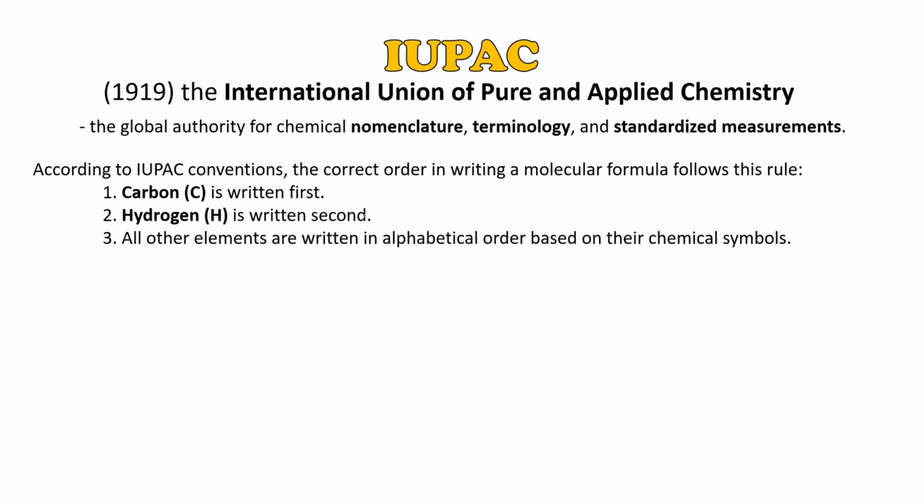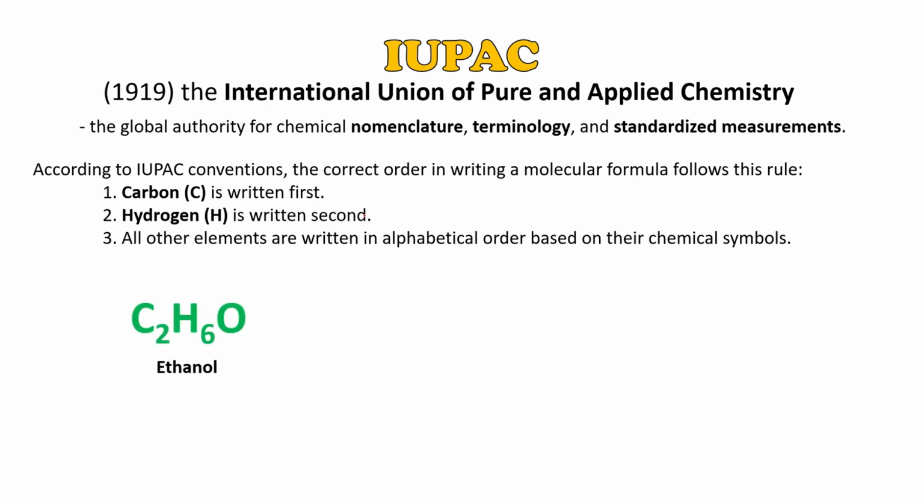And if there is hydrogen as well, hydrogen should be written after carbon. And the rest of the elements, other elements aside from carbon and hydrogen, will be written in alphabetical order. Most likely after hydrogen is oxygen, and that's it.